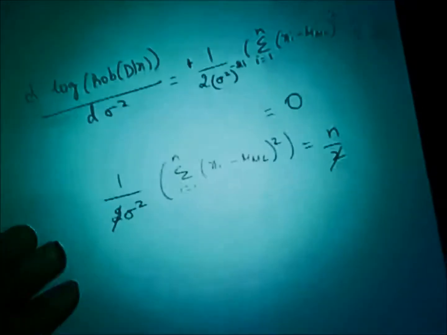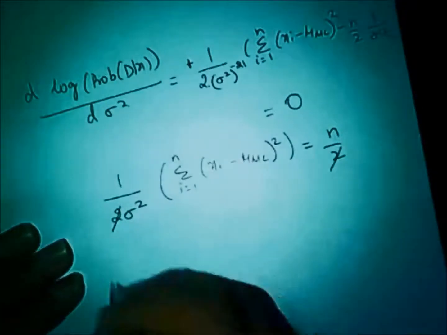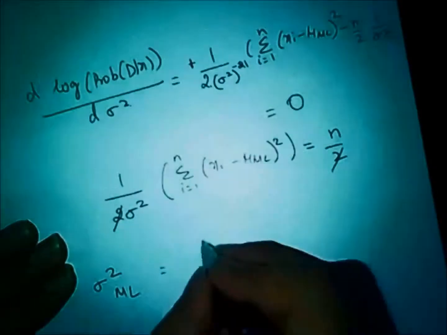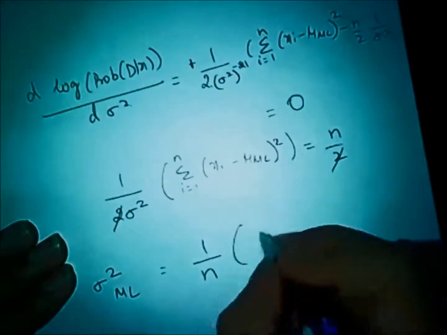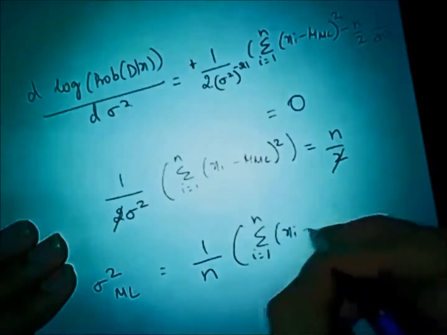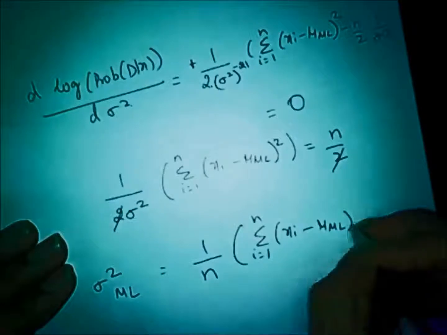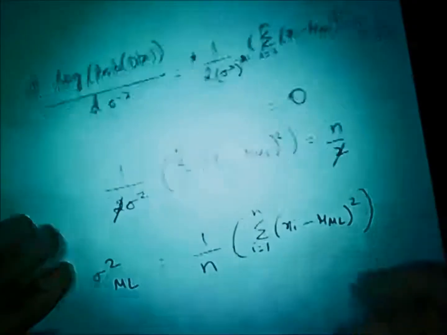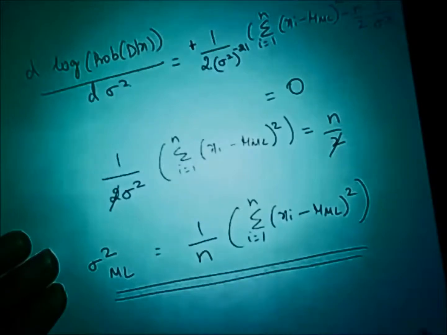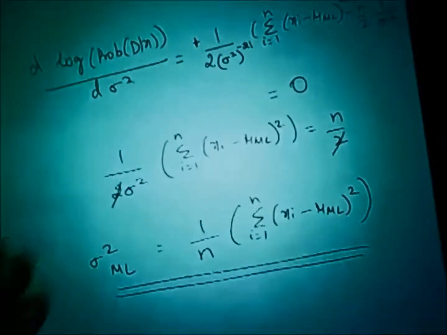Again, I'm going to cancel the 2 and take the sigma squared here. So I'm going to get sigma squared ml equals 1 over n, sum over i equals 1 to n of xi minus mu ml the whole squared. So this is the maximum likelihood estimate of my variance from the data that I have already obtained.